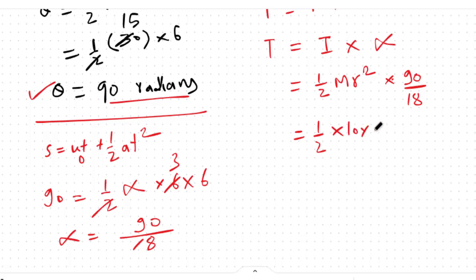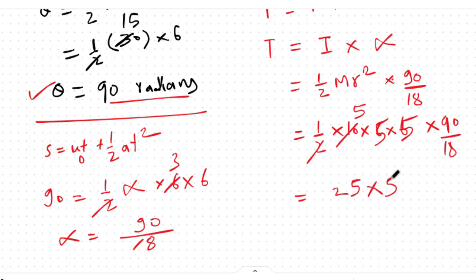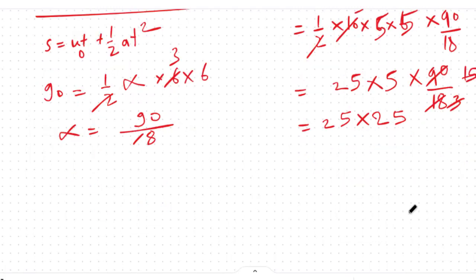So the torque is 1/2 times mass, 10 kg, times radius squared, the radius being 5 meters, times 90 divided by 18. We can divide by 2 over here. This comes out to be 25 into 5 into 90 divided by 18. So that is the torque.